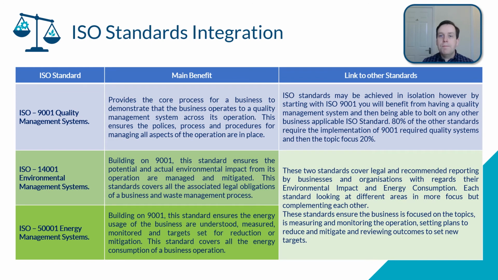Linked to other standards. So each of these standards can be done in isolation, but taken collectively form a powerful integrated business management system that you can take from 9001 being the core and ensuring that you have an effective system to review both your core business, whatever it may be, the building of something, the manufacturing of something, and then adding ISO 14001 that you've covered all your environmental obligations, and then 50001 that your business is becoming more energy efficient.